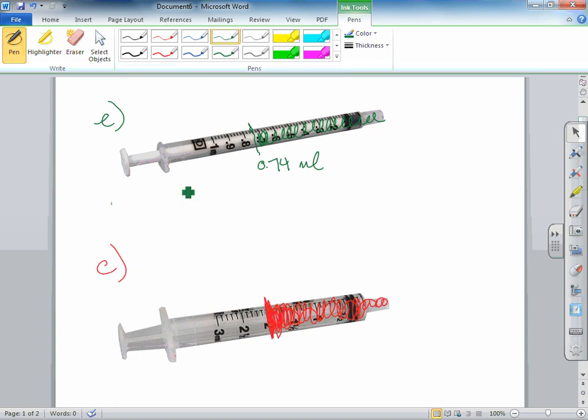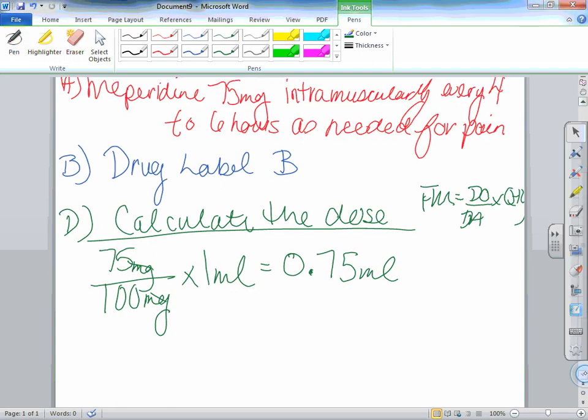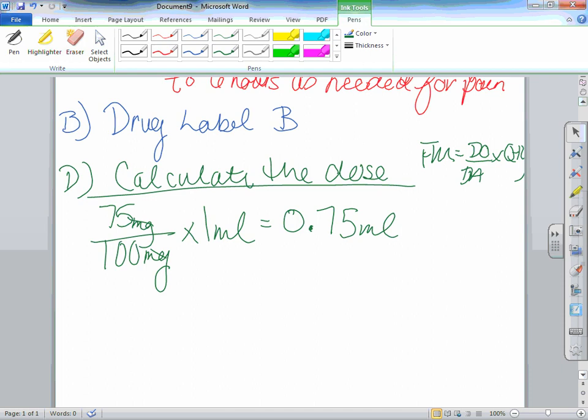So, of course, the next thing I want you guys to do is tell me, how would the Rx label read? Again, the Rx label is the instructions for the patient.